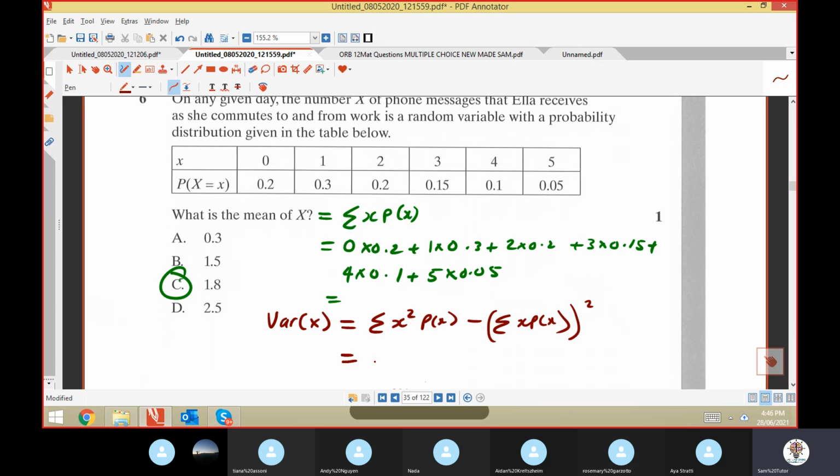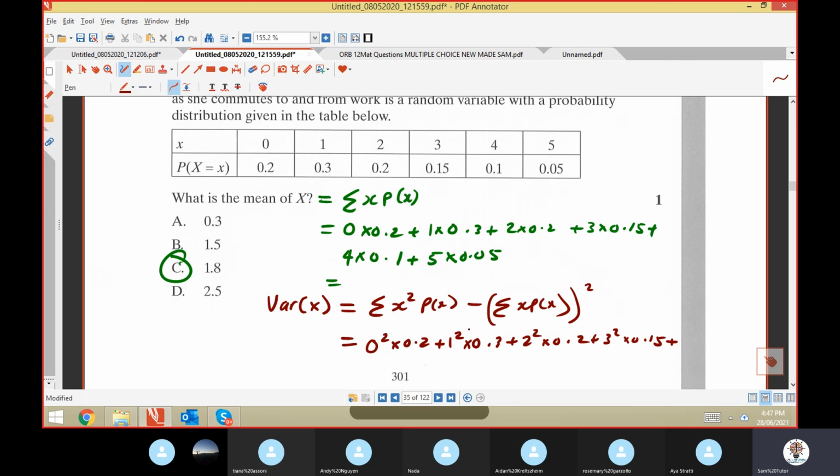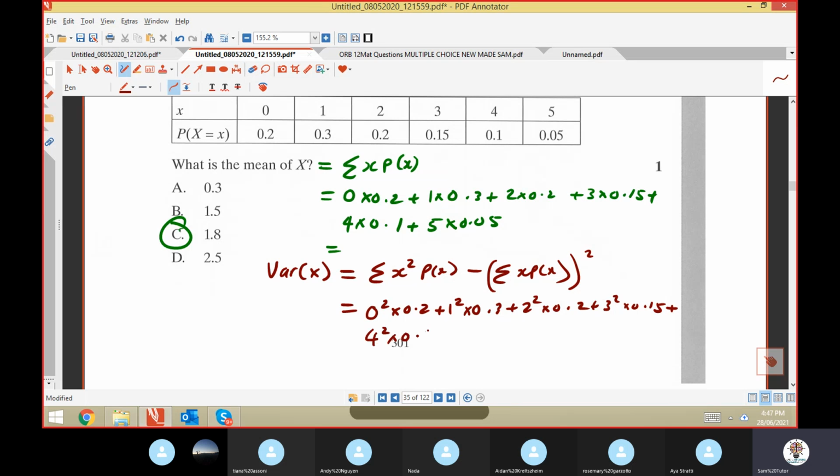So you would have done 0 squared times 0.2 plus 1 squared times 0.3, 2 squared, 3 squared, 4 squared, 5 squared, minus whatever you just found, which was 1.8 squared. And to find the standard deviation, it was the square root of the variance.